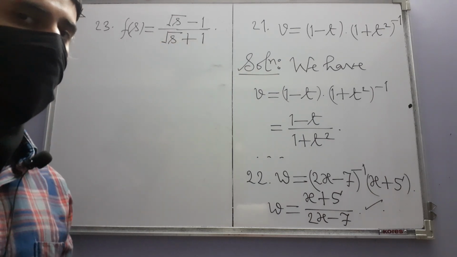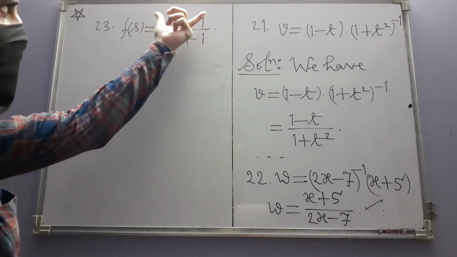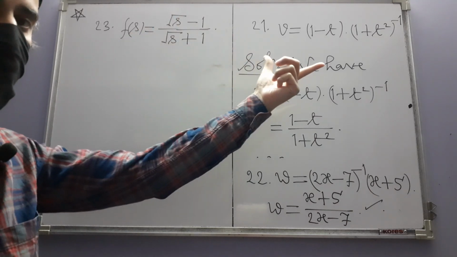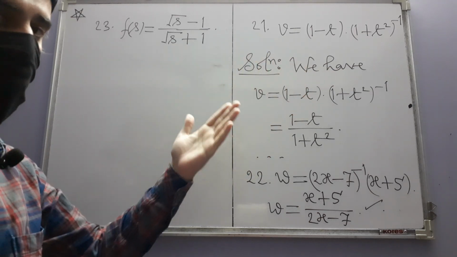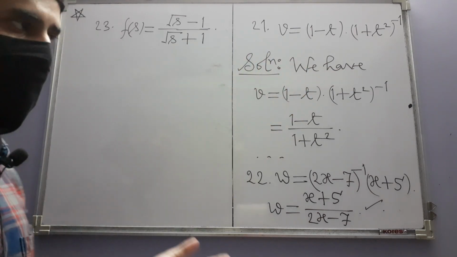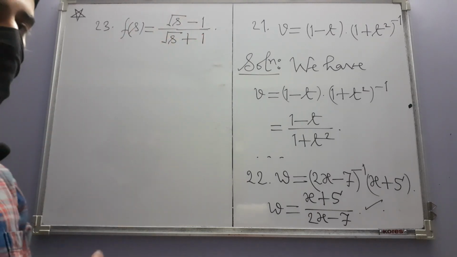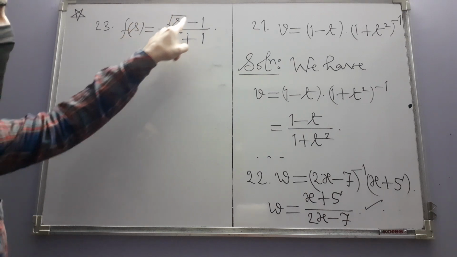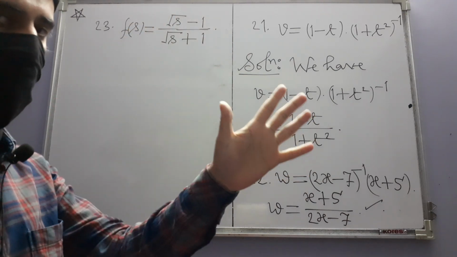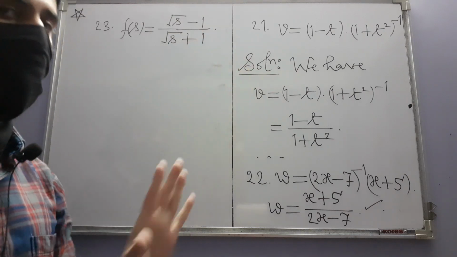You can do that if you want by multiplying and dividing by square root of s minus 1, so that the denominator becomes square root of s square minus 1 or s minus 1. However, that won't really get you rid of this square root entirely, because the numerator then will be the square of this, and when you expand that square, you will have minus 2 root s still there.